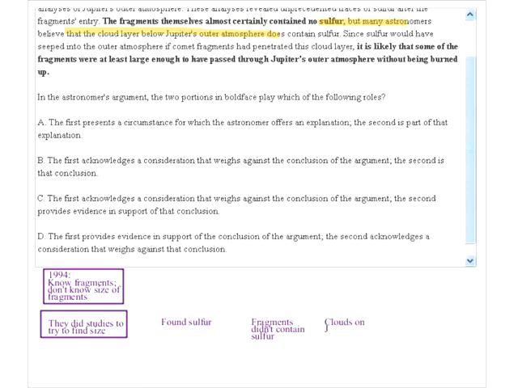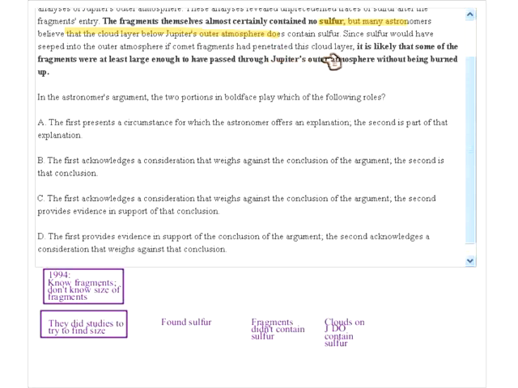Clouds on Jupiter do contain sulfur. And again, you abbreviate these in whatever way you can. Since sulfur would have seeped into the outer atmosphere if comet fragments had penetrated this cloud layer, it is likely that some of the fragments were at least large enough to have passed Jupiter's outer atmosphere.